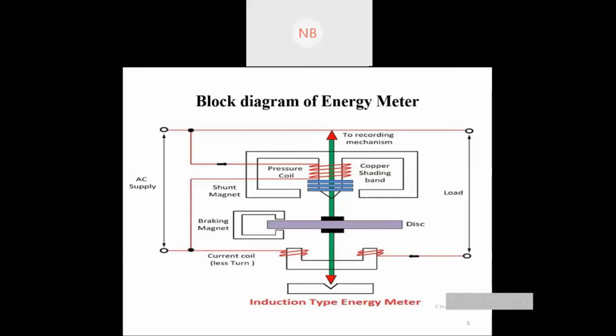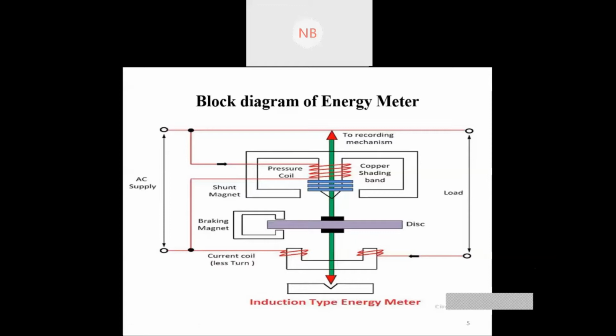Now we are assuming that the flux produced in the shunt coil is phi p, while the flux generated in the series coil is phi s. Then the eddy current generated by the shunt coil will be ip, and similarly the eddy current generated by the series coil will be is.